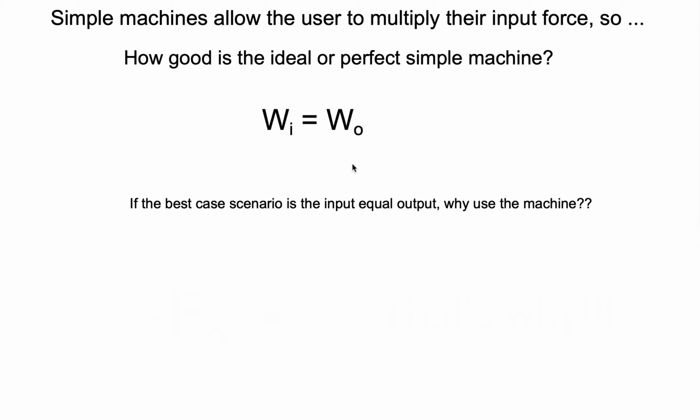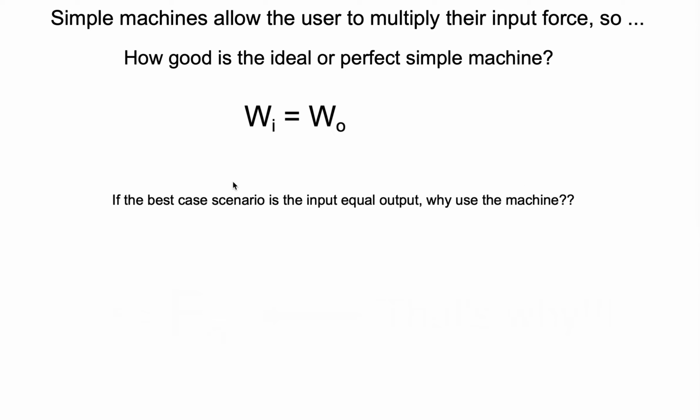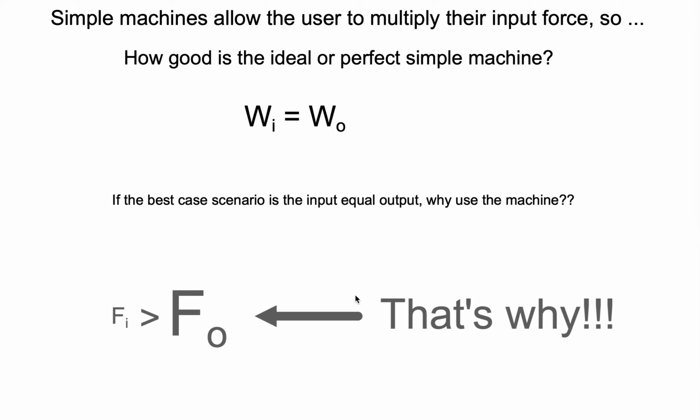So you guys know, once again, this is just review. So the work input is the work output. That's if there's no friction. And that's the best case scenario. So once again, the reason you use the machine is because it lessens your force. The input force is going to be a lot smaller than the output force.